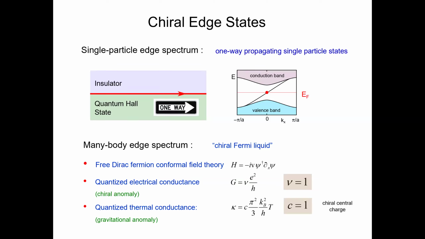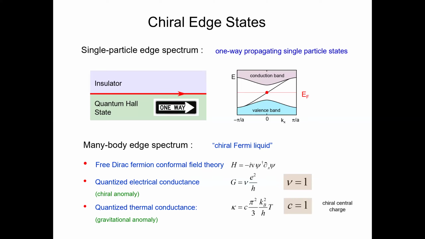We can also consider the many body situation. In the many body situation, we have to fill all the states up to the Fermi energy, and that gives us a ground state, and then that ground state will have low energy excitations, which are like particle-hole excitations about the Fermi energy.